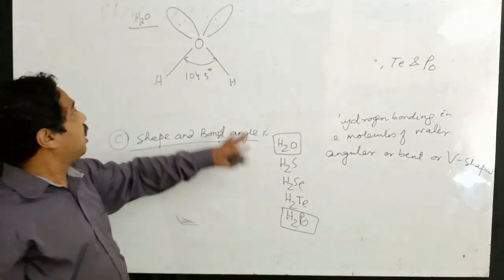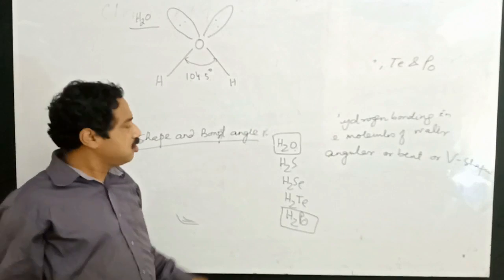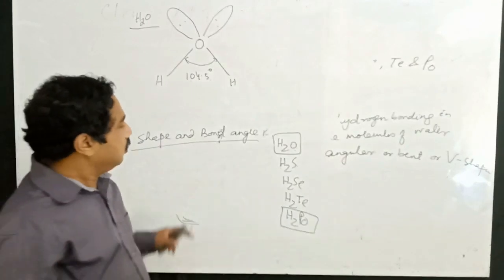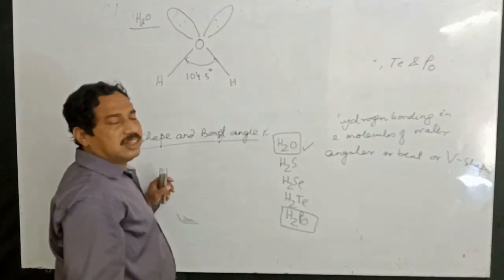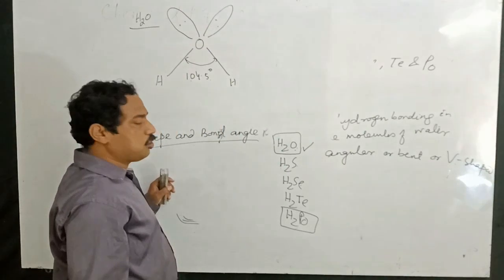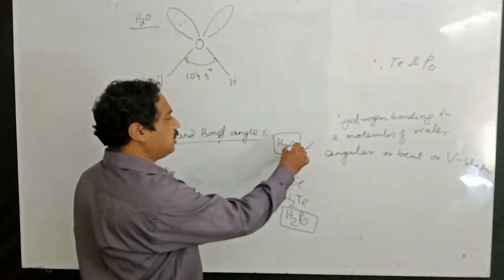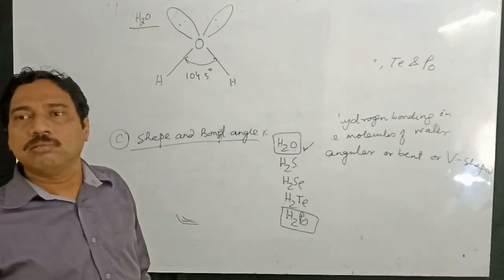All these hydrides are angular in shape, but the bond angles are different due to the difference in the nature of the central atom. Why does this bond angle gradually decrease down the group from H2O to H2Po? It is due to the increase in atomic size and decrease in electronegativity of the central atom.